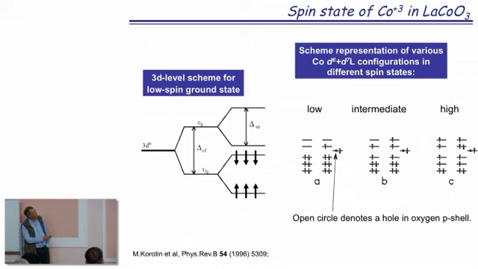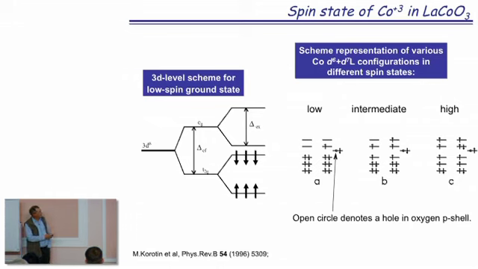Now, cobaltate. In cobaltate, we have pretty funny story that for low temperatures, it's a non-magnetic semiconductor. For higher temperatures, it's very slow crossover to bad metal and Curie-Weiss magnet with local moments.